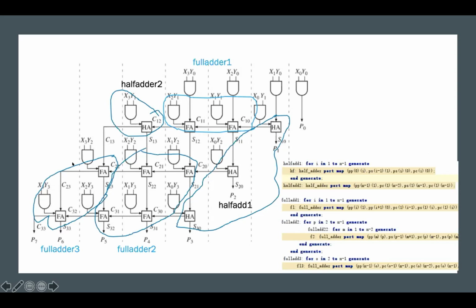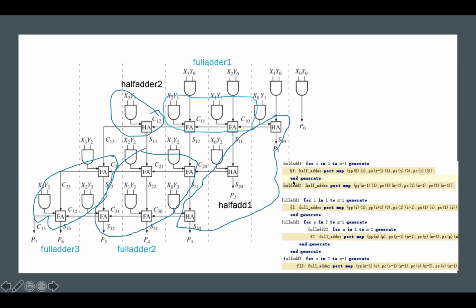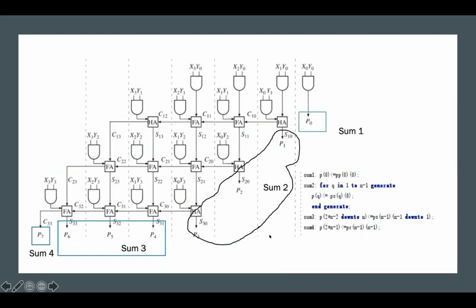So by dividing these into 3 categories, I did the recode and divided them into 2 half adder groups and 3 full adder groups to run the 4 loops.